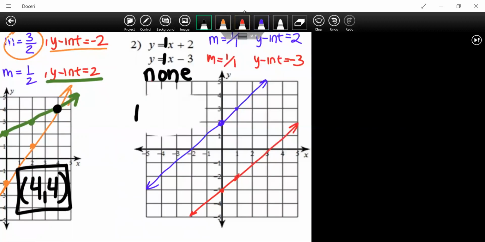Questions? You guys good? Yes, go for it. Number 4. Let's look at it. Okay. What's your question? The second one, I don't know how to break. What's your equation?